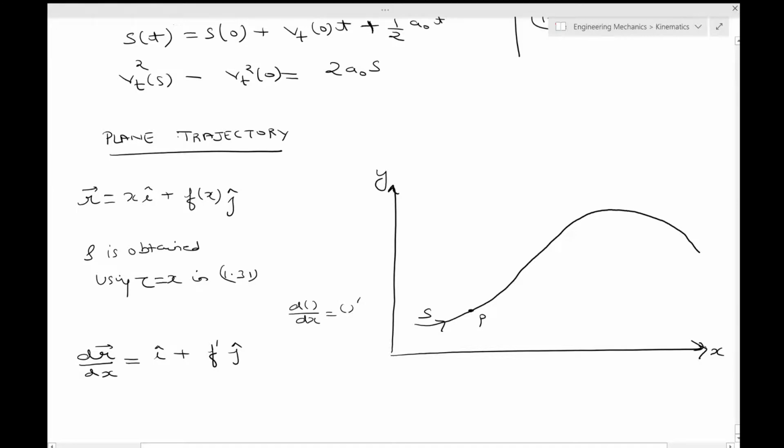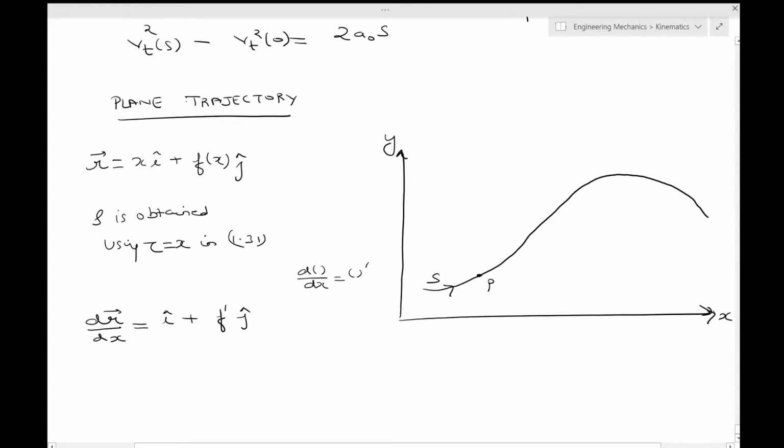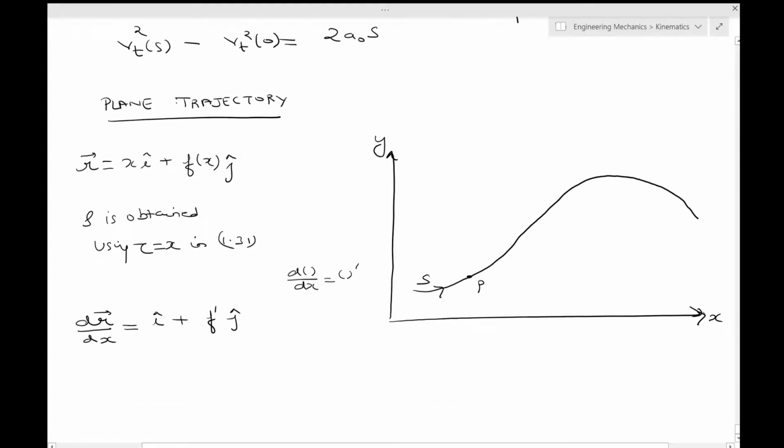And then you have d2r by dx square is equal to f double dash j hat, because this, if you derive it with respect to x, will become 0.